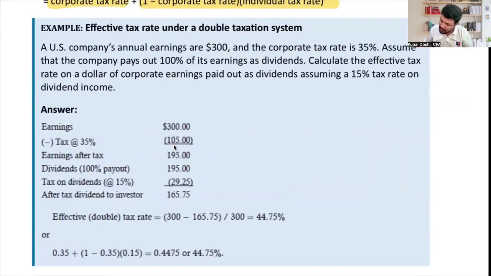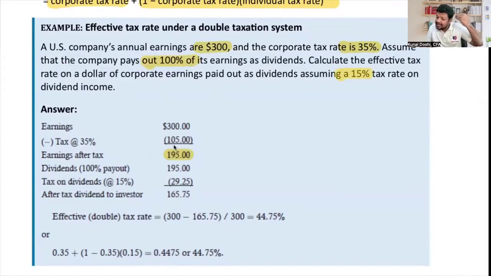So US company earns earnings of 300, corporate tax is 35%. So first you will pay 35% on this. So you will be left with this. Now of this, they are saying 100% is paid out as earnings, and on that there is a 15% tax. So you will pay taxes on whatever is distributed at that 15%. So basically your company has paid 105 on your behalf as corporate tax, correct?